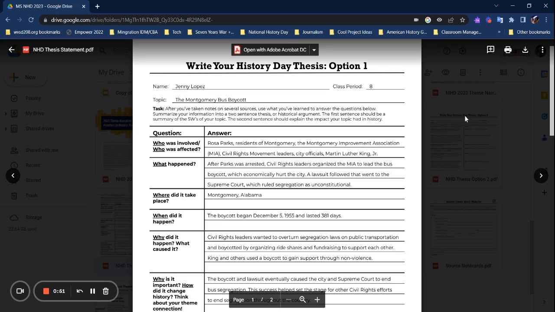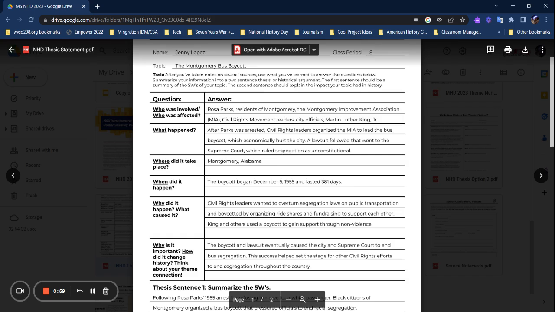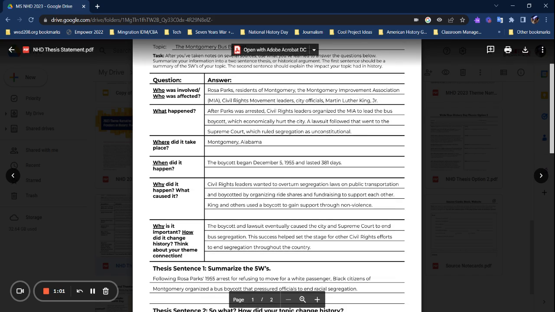So in this example, this fictional student, Jenny Lopez, has chosen to work on the Montgomery bus boycott. So what she's done here is she has listed the basic information about who was involved, what was affected, what happened, where the bus boycott took place, when it took place, why it took place, and why is it important in history, and how did it change the course of American history.